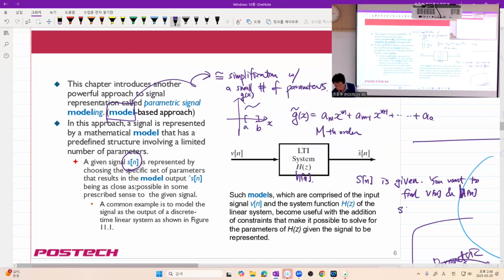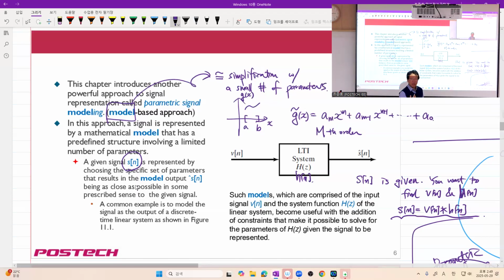And it looks very strange that this equation has infinitely many solutions. So how can you find this one, right? And there goes some constraint like the mth order polynomial thing.